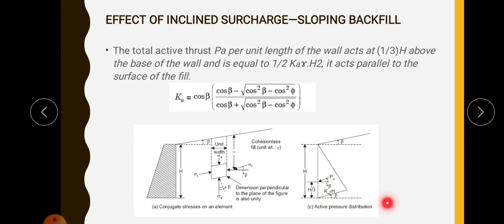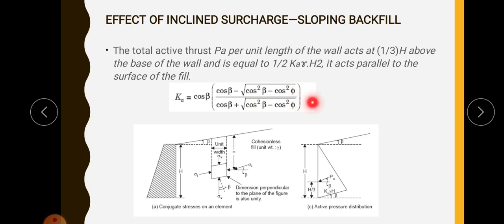So here the change is for the coefficient of active earth pressure. When the backfill is at an inclination of beta with the horizontal, the equation of Ka changes. The equation for calculating Ka is equal to cos beta into cos beta minus root of cos square beta minus cos square phi divided by cos beta plus root of cos square beta minus cos square phi.